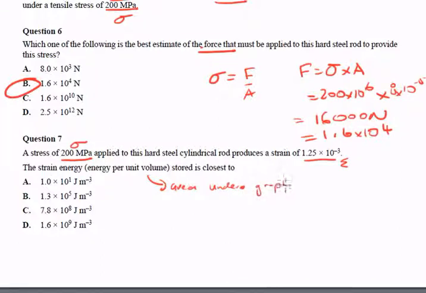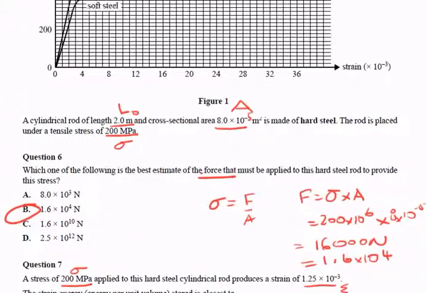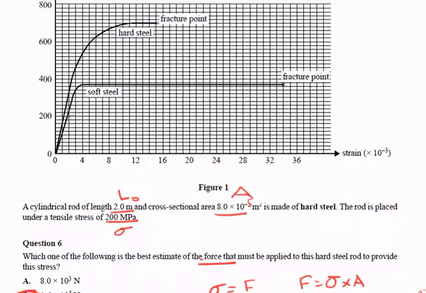It's at 200 megapascals and at 1.2 by 10 to the minus 3. Where is that? Well, that is actually right there, and goes down to there. It's just that little tiny bit under there. So there's not much area at all to work out. It's going to be quite hard to count the squares under there.